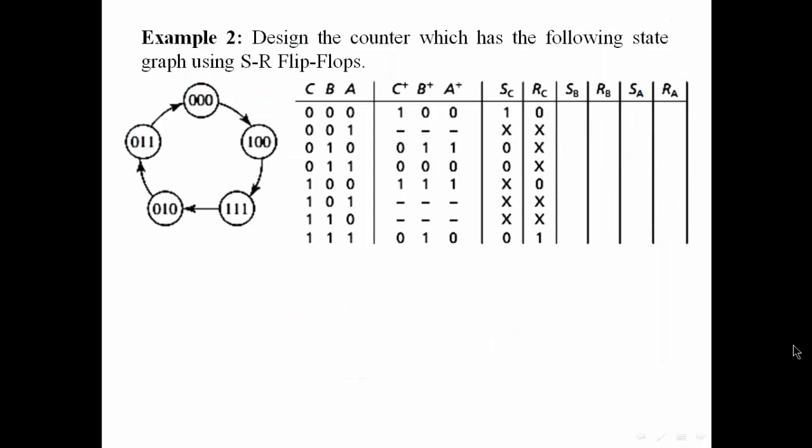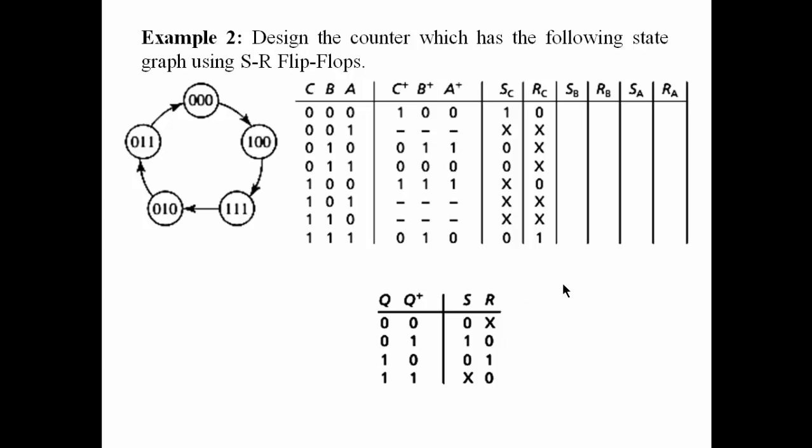Example 2. Design the counter which has the following state graph using SR flip-flops. We're going to follow the same steps that we used in the previous example. However, we're going to use this table.